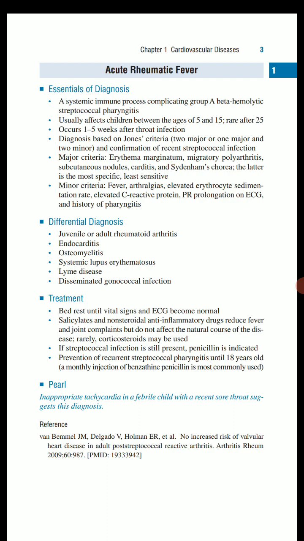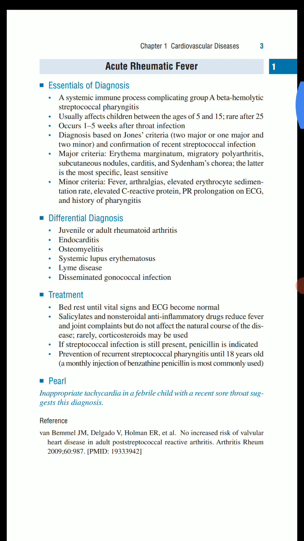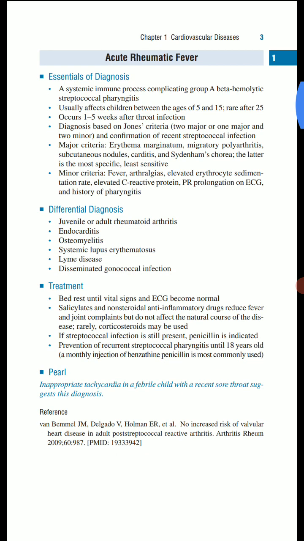We give phenoxymethyl penicillin for some good time as prophylaxis, since patients with this condition normally get recurrences, so we give them an added dose for some course of time as prophylaxis. And we normally still give phenoxymethyl penicillin.